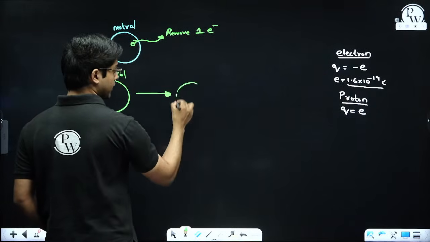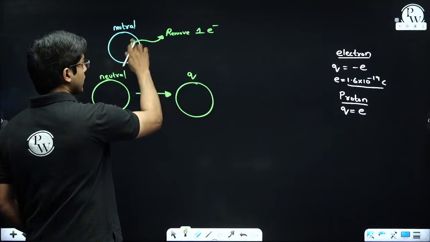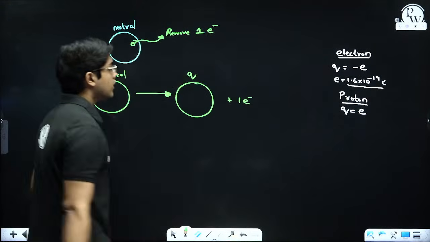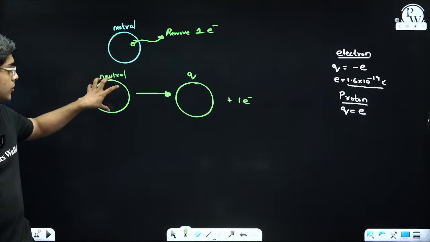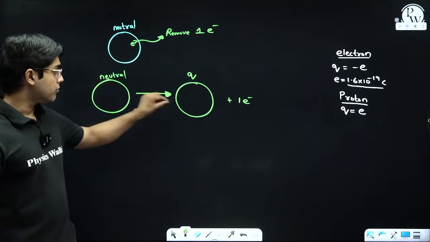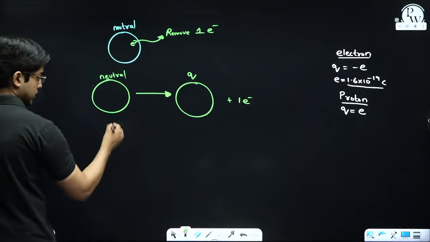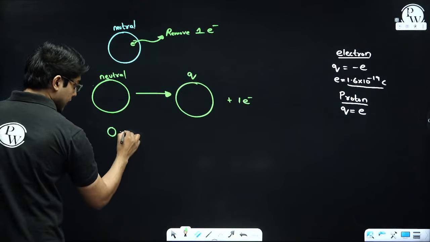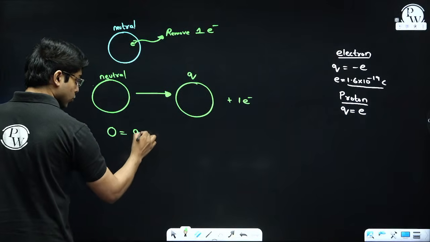So finally, let's say the body has some q charge and we removed an electron. So that electron we will write it here. Initially we had a neutral body, so net charge will be 0. And then we pulled out an electron. So now use charge conservation. Initially net charge is 0. Finally, the charge on this body, I am saying it is some q.